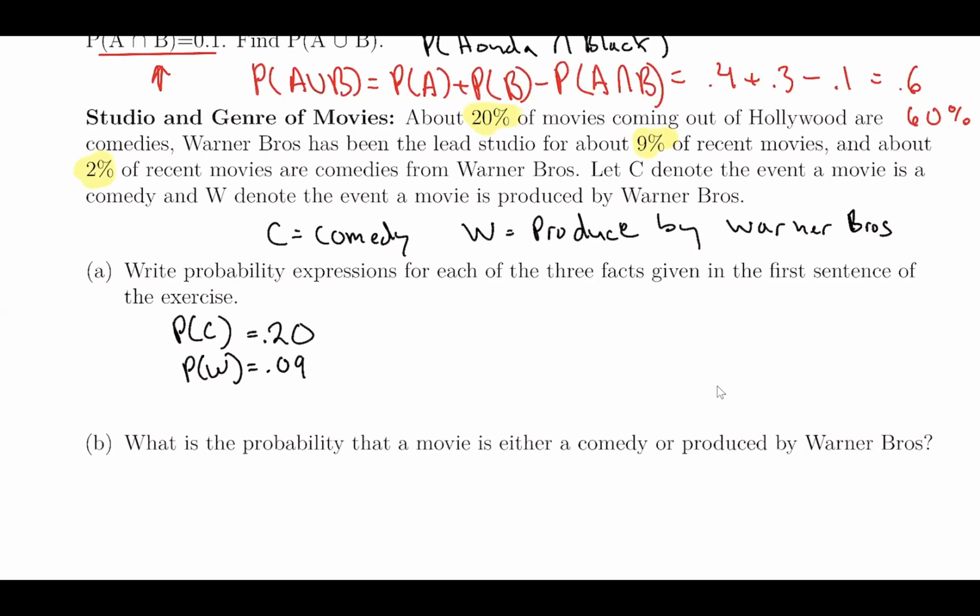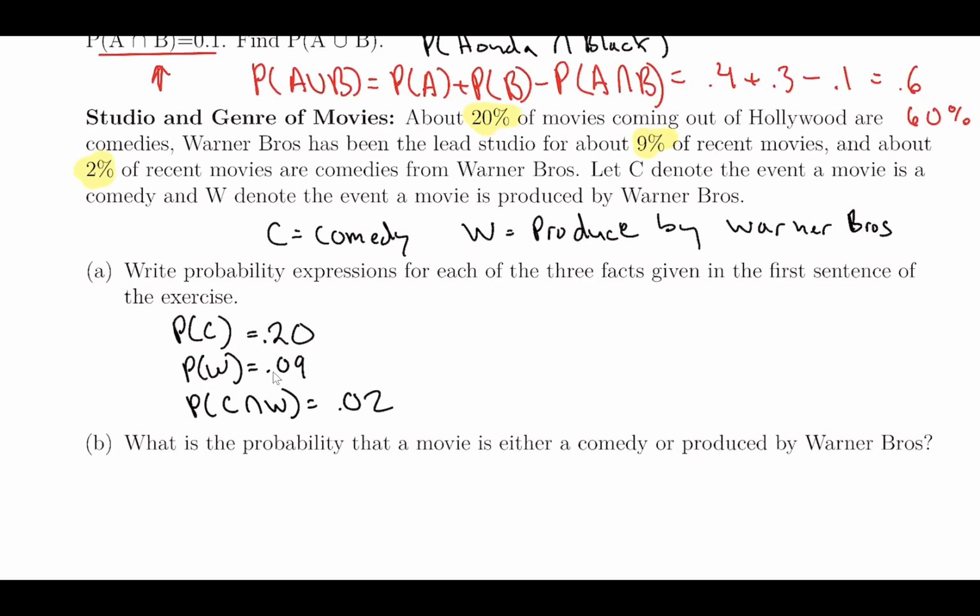It said 2% of recent movies are comedies from Warner Brothers. So is it a comedy, is it Warner Brothers, or is it both of them? Cool, it's both of them. So you write the probability of comedy and Warner Brothers, and that's 0.02, because that's 2%.